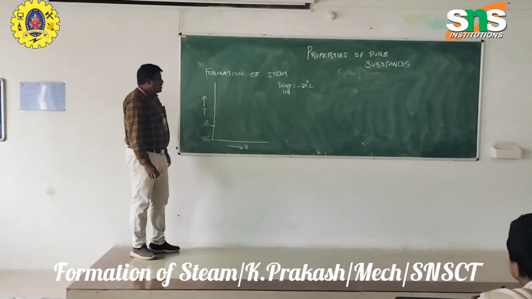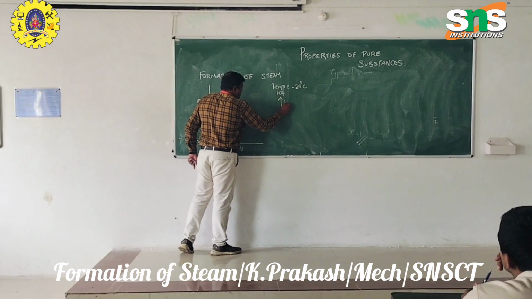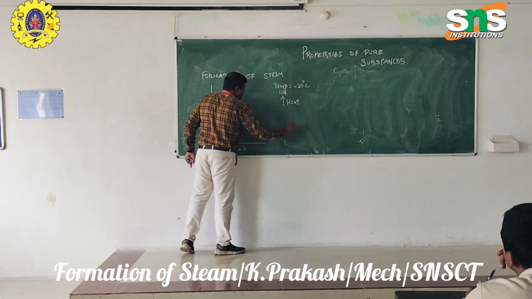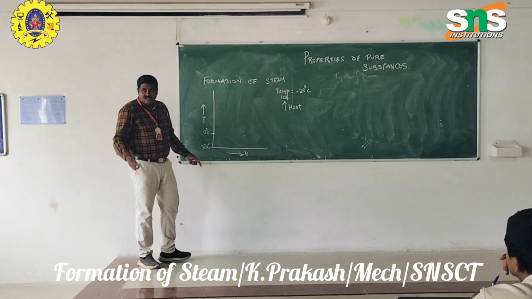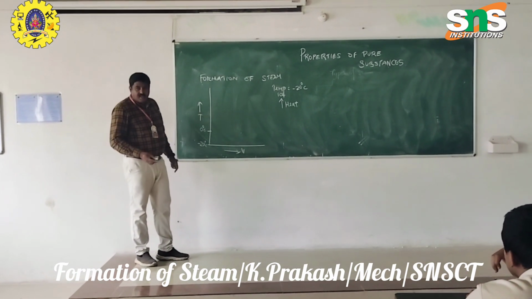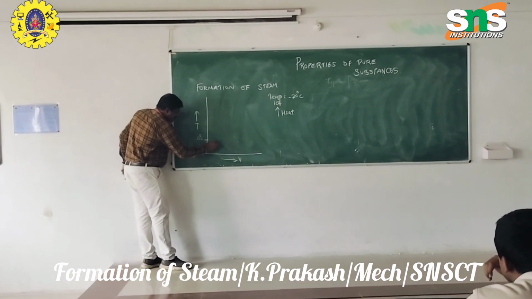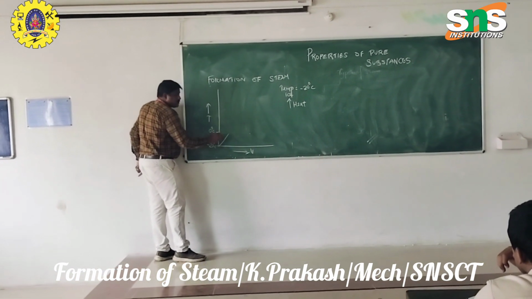So initially, what we are doing is supplying heat to this. As we discussed in the previous video, what happens when heat is supplied? It increases the temperature from minus 20 degree to 0 degree Celsius.